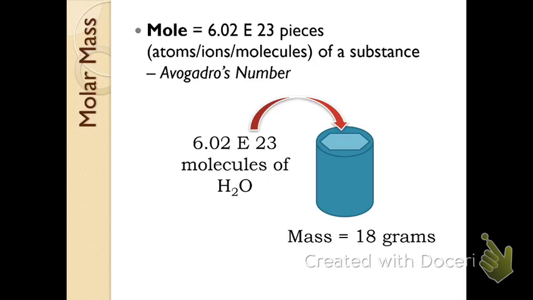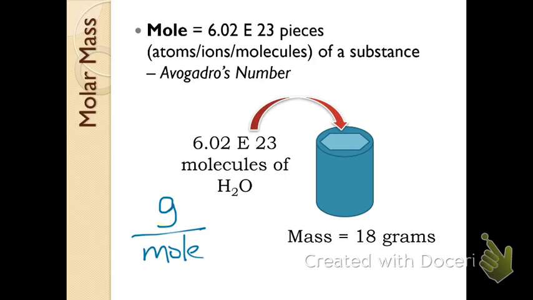So when I'm talking about molar mass, then I'm actually going to be talking about the number of grams. Oops, let me write this a little better. There we go, so you can see the number of grams in a mole of that compound, that molecule, that ion, that atom.